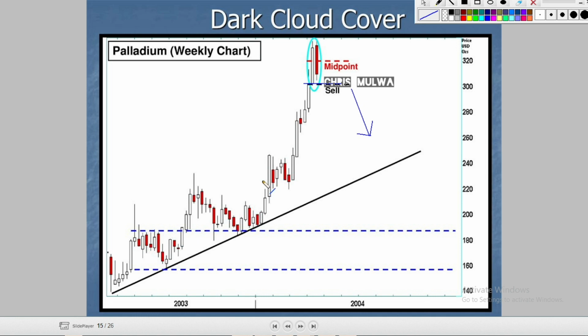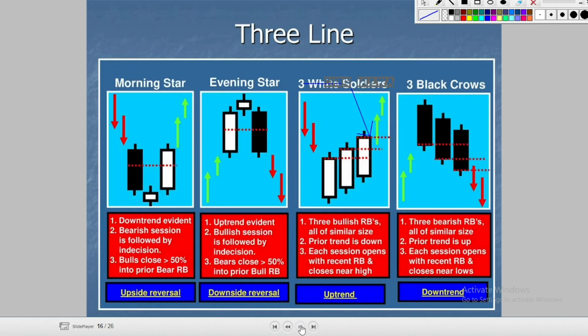Okay, so we continue with our lesson. Let me check another type. We have three-line candle patterns. We have the morning star, the evening star, the white soldiers, and the black crows.